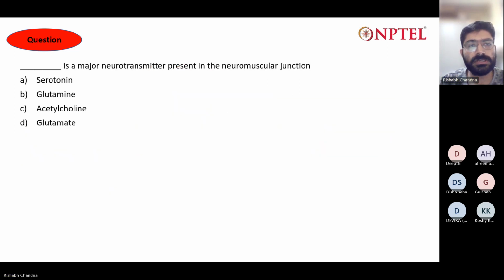So, dash is a major neurotransmitter present in the neuromuscular junction. So options are serotonin, glutamine, acetylcholine, glutamate. Can anybody guess?